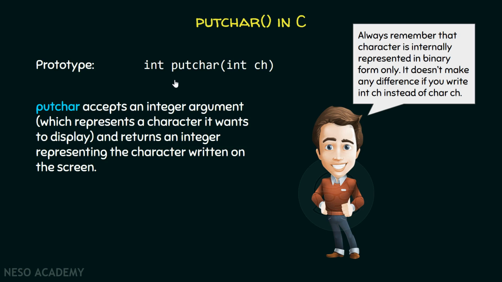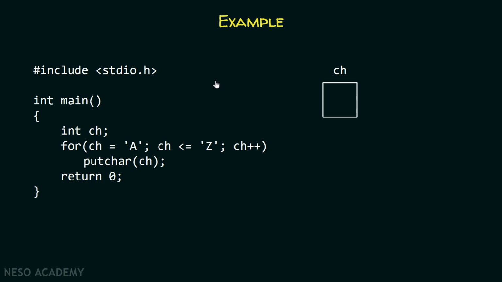So the conclusion is that int can be replaced by char, but as it is a predefined prototype, we have to follow it. The putchar function accepts an integer argument and returns an integer. Although if the prototype said character and character, there would also be no problem.